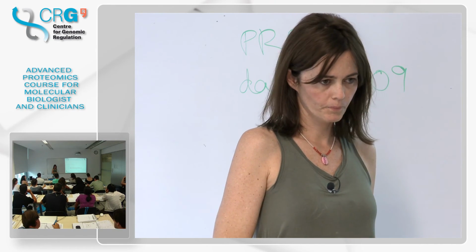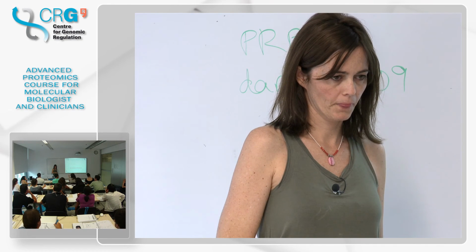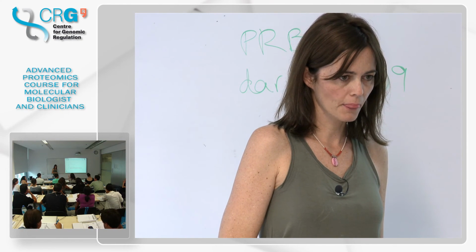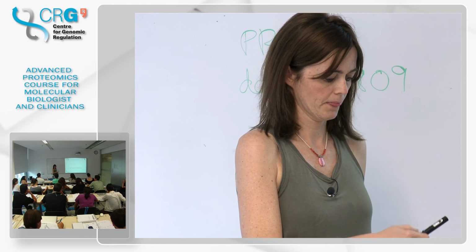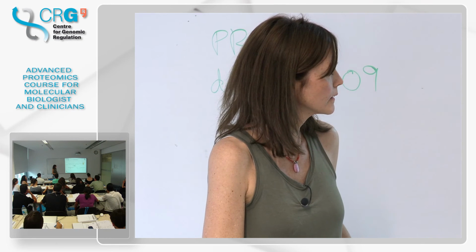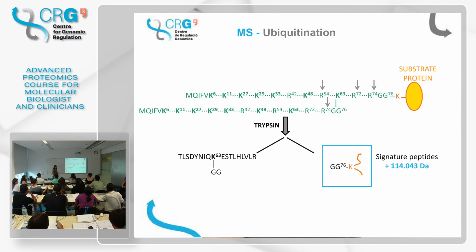But if another amino acid rather than glycine is before the lysine, then you can enrich by this. You are only purifying, enriching this GG lysine. And if in this same protein you have other lysines without the glycines, then you cannot enrich this, right?